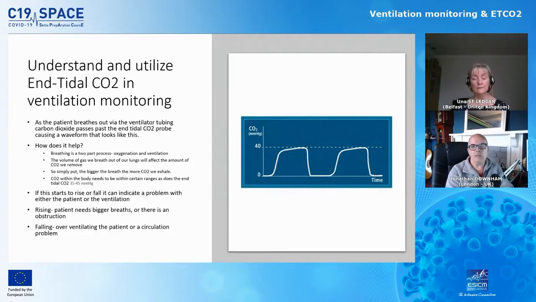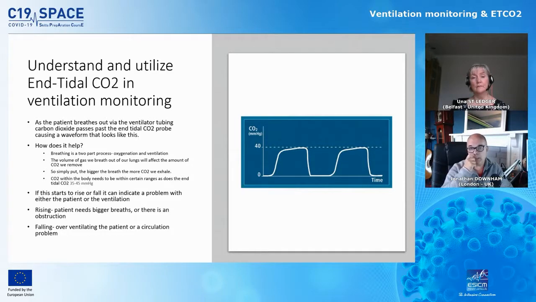Your COPD patient, your bronchospasm patient, your ARDS patient, so acute respiratory distress syndrome, which is what a lot of the COVID patients struggle with, struggle to get the gases out of their chest as well as getting the gases in. And if you can't get gases out of your chest, then one of the gases that will build up is carbon dioxide. So if you're not ventilating effectively, then the carbon dioxide levels will build.